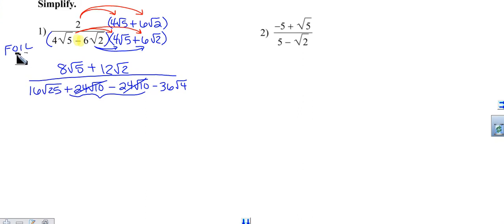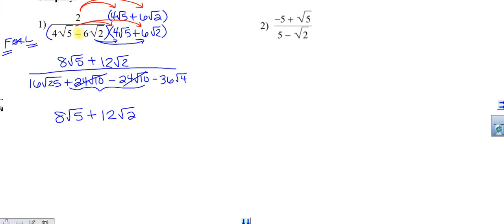So we do actually shortcut the process, and instead of doing a full double distribution, we only multiply the first terms and the last terms because we know those two middle answers are going to always cancel each other out. In the numerator, both of these radicals are in simplest form and they are not like radicals, so I cannot combine them. That gives me 8 square root of 5 plus 12 square root of 2.